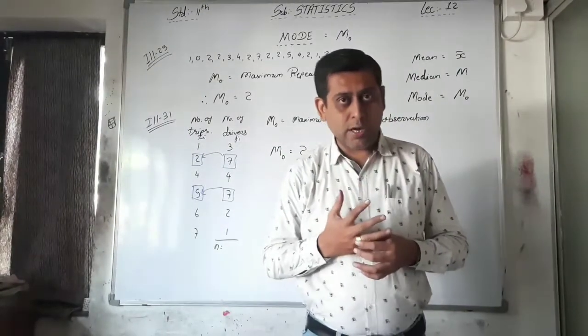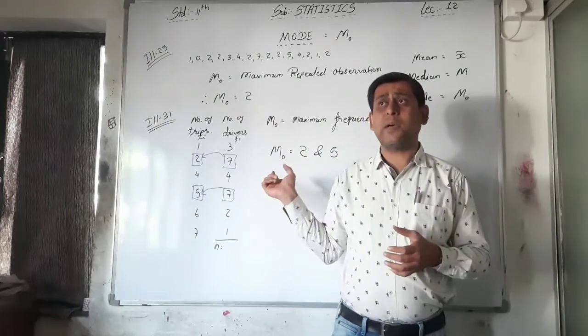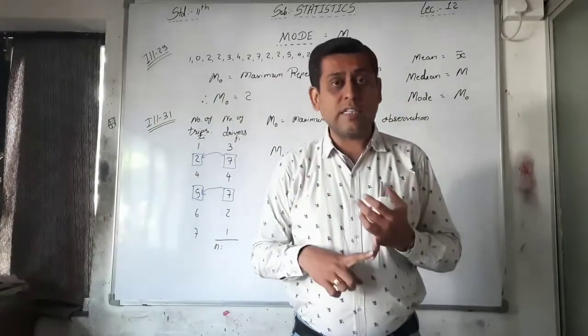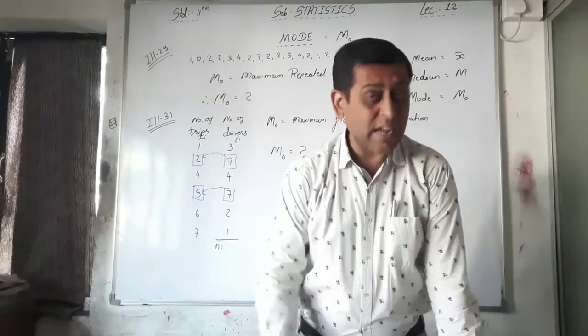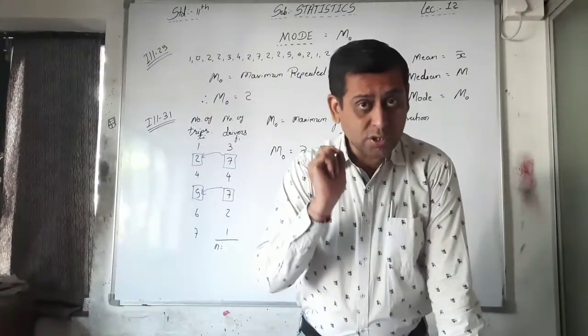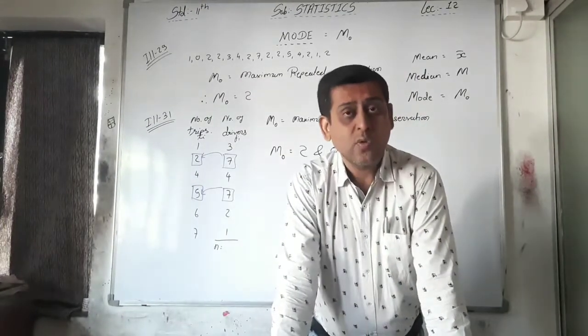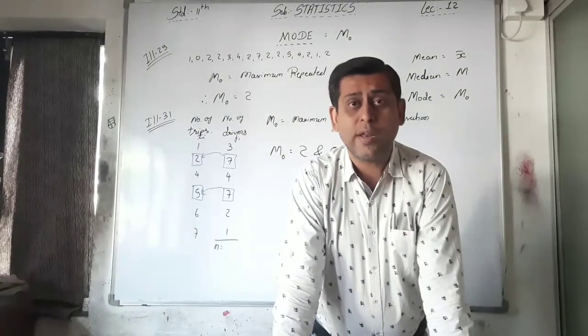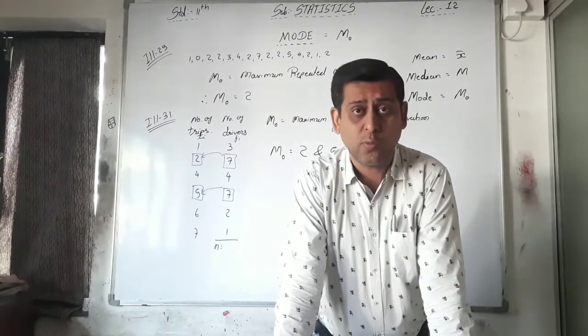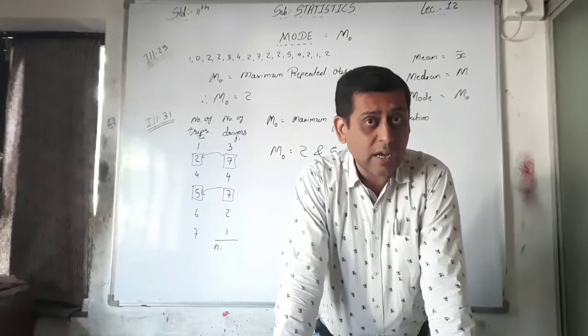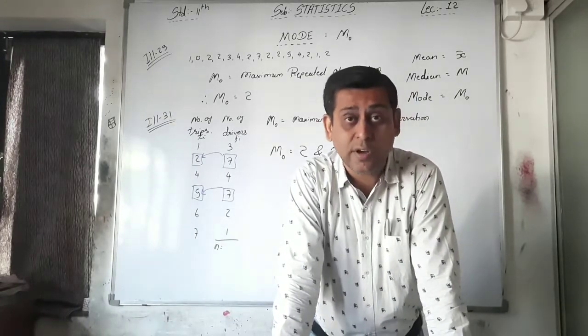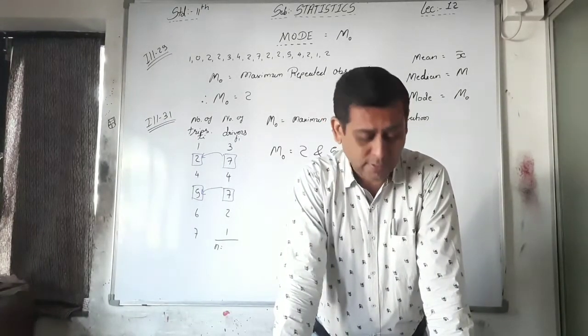Okay, so these were the examples of the discrete group data and the ungrouped data. And again, one extraordinary example is given in which we can also use the empirical formula, not a regular formula. See, different situations are given in the different examples.